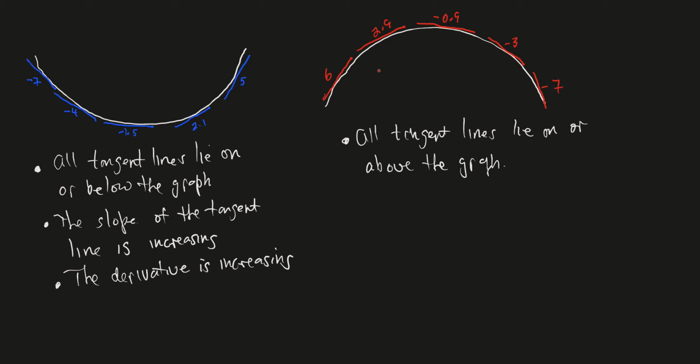Look at the numbers: 6, 2.9, negative 0.9, negative 3, negative 7. All these slopes are getting smaller.